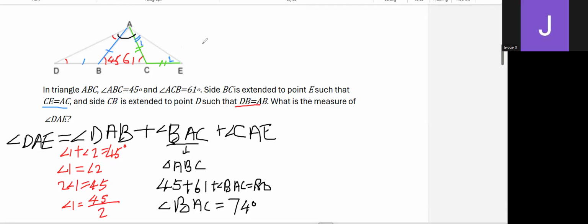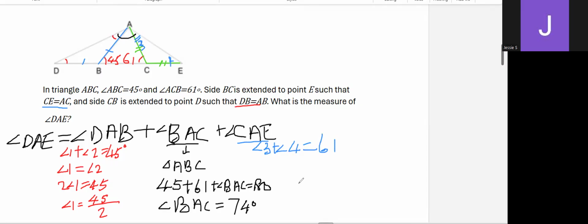In triangle ACE, angle ACB, the angle with a measure of 61 degrees, is an exterior angle. I'm naming these angles angle 3 and angle 4, so you do not get confused. So angle 3 plus angle 4 should be equal to 61 degrees.